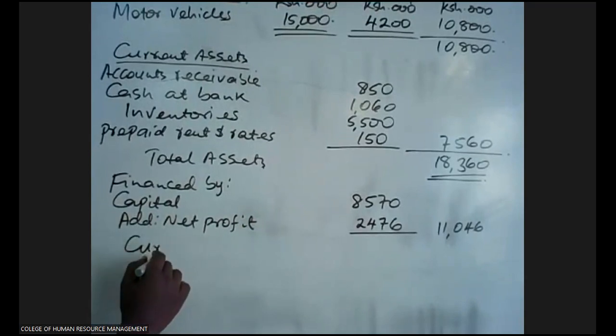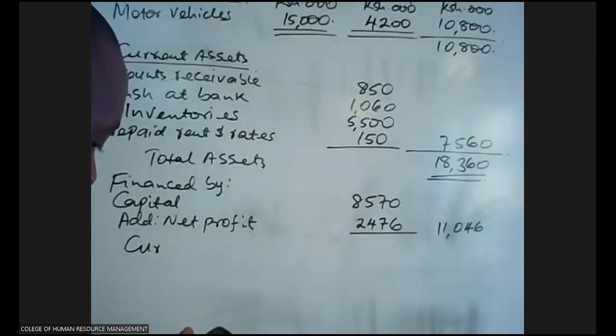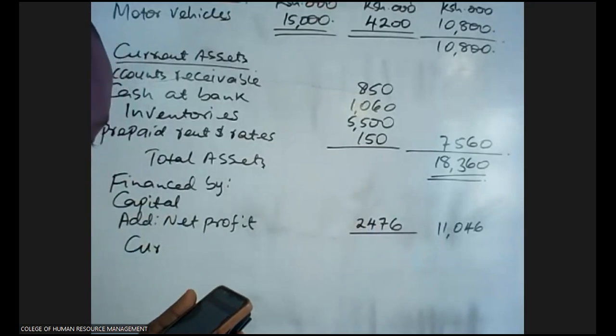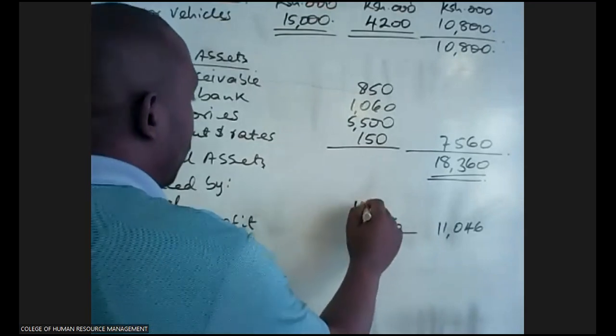Excuse me. Where you've written capital as 8570, I'm a bit lost because the capital here is indicated as 14,984. Or maybe there's something I'm missing. Oh, I've just taken actually the figure for gross profit. Okay, yeah, 14,984. Correct.